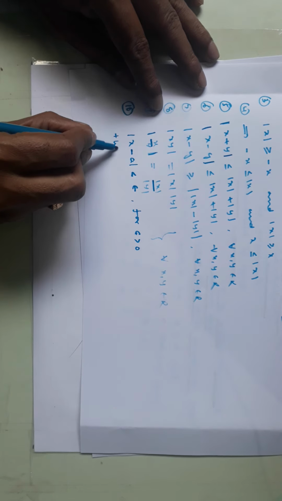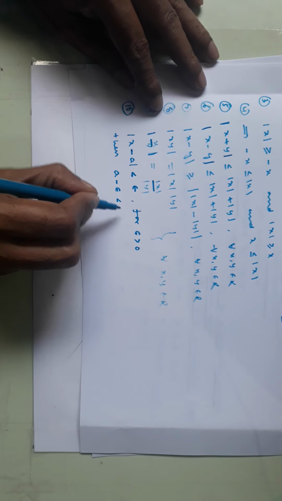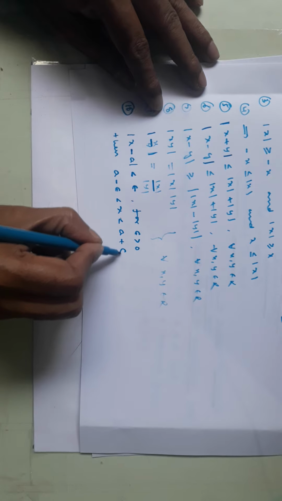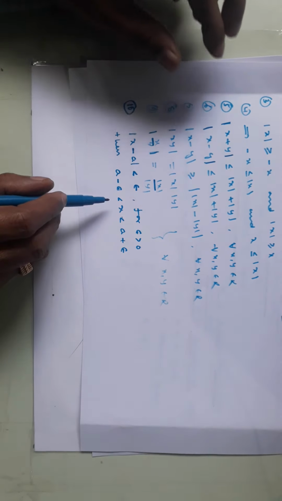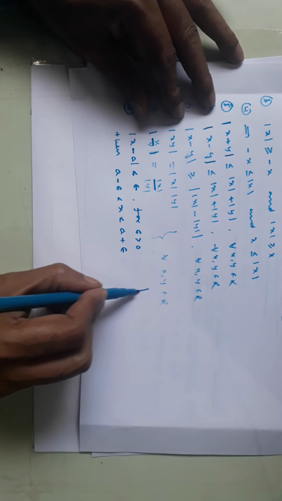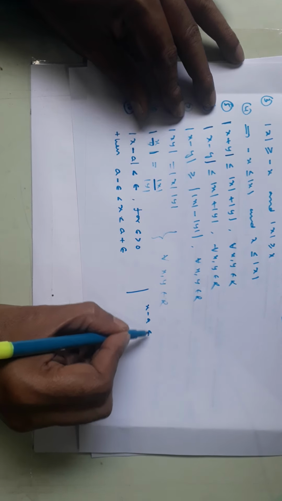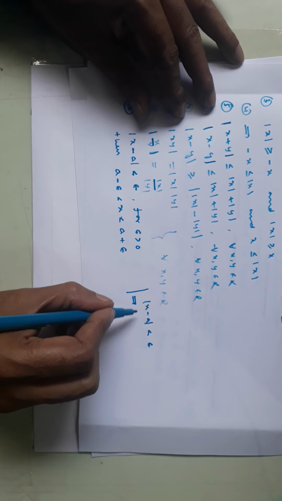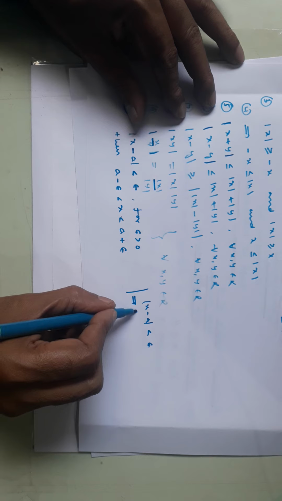Then a minus epsilon is less than x is less than a plus epsilon. So this modulus can also be written as an inequality. Why? Suppose mod x minus a is less than epsilon. If we eliminate mod on one side, the other side becomes plus or minus.